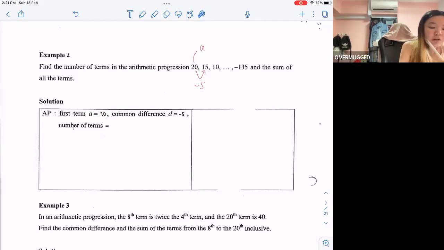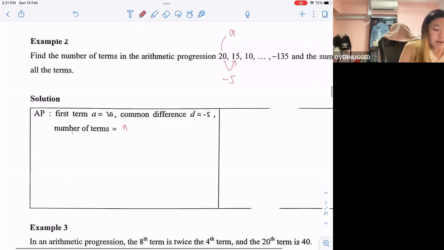Number of terms, I'm not sure from this, so I'm just going to denote it as N. I want to find what my N is. What is my Un? Un has the general formula 20 plus (n minus 1) times -5.